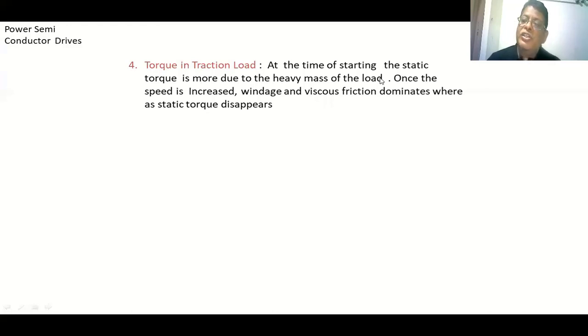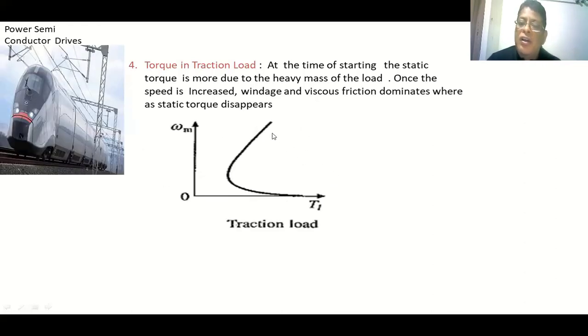Once the speed of the motor increases, the torque required to move the vehicle will be lesser. Once the speed increases, the windage and viscous friction dominate, and the static torque disappears. This is the profile of the graph between the speed and the torque for the traction load.